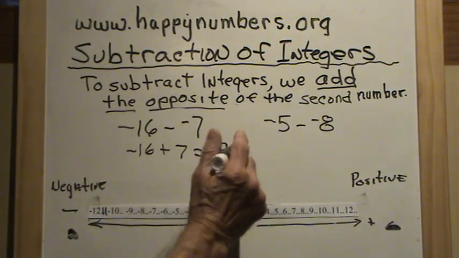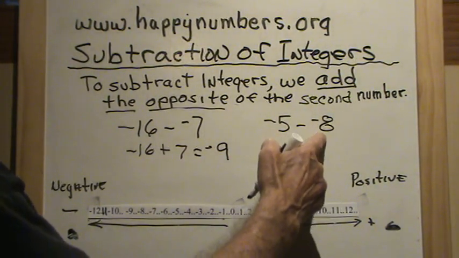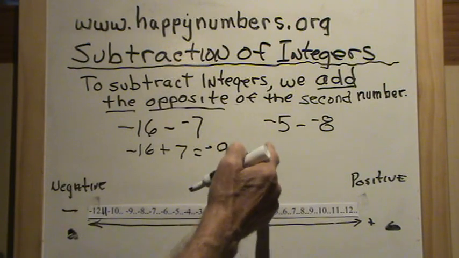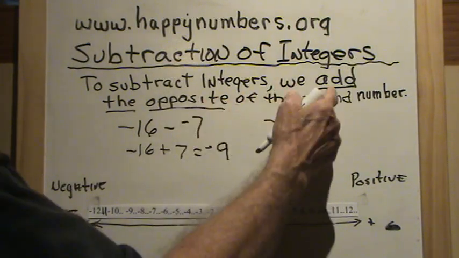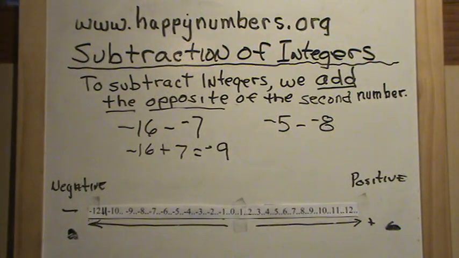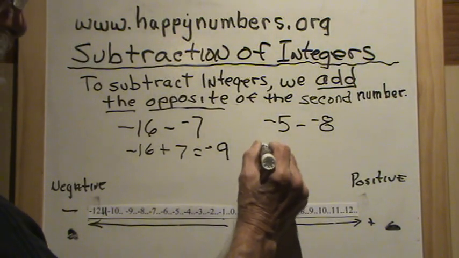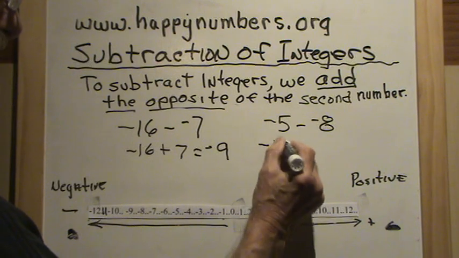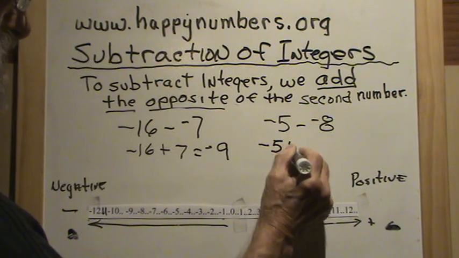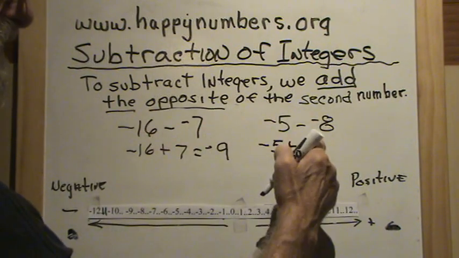Second problem, negative 5 minus negative 8. Well, I'm subtracting, so I need to add the opposite of the second number. So I rewrite the problem, negative 5. This turns into a positive because I'm adding, and what am I adding? The opposite of the second number.